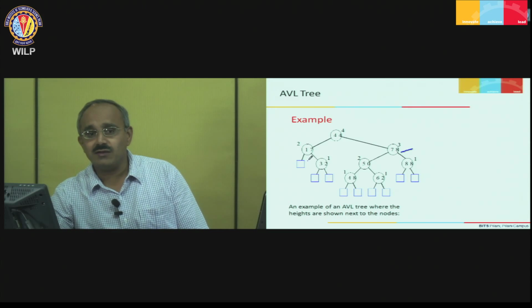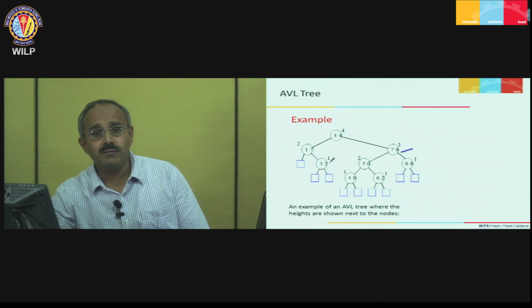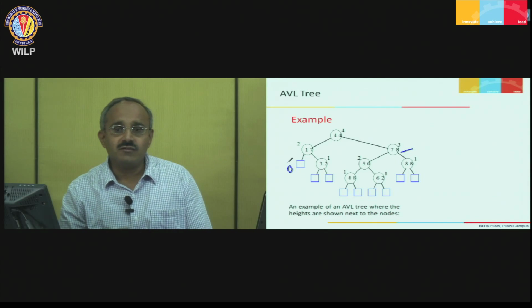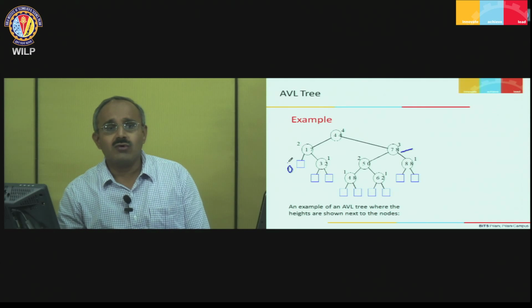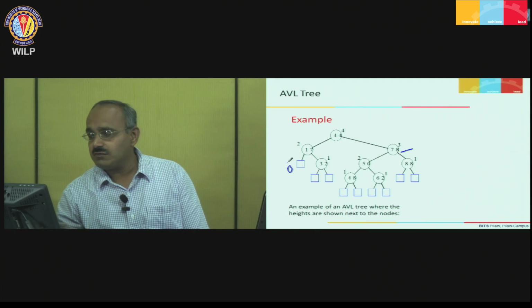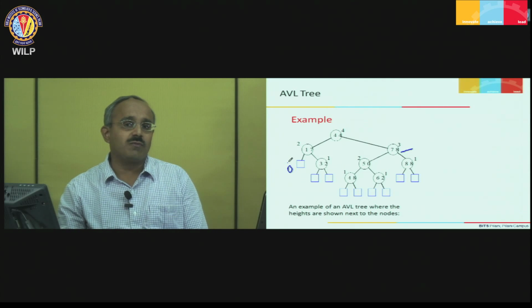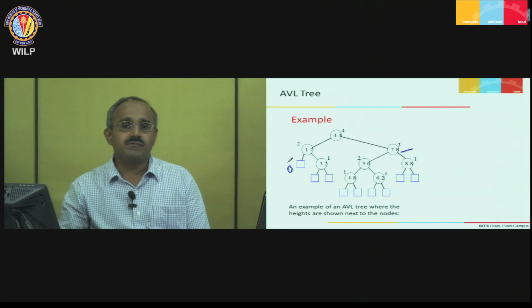Let us look at 17. At this particular node, its right subtree height is 1, whereas the left subtree height is 0. Again, the difference is 1, correct. So, we have seen that at all internal nodes, the height balance property is satisfied, and this also happens to be a binary search tree.